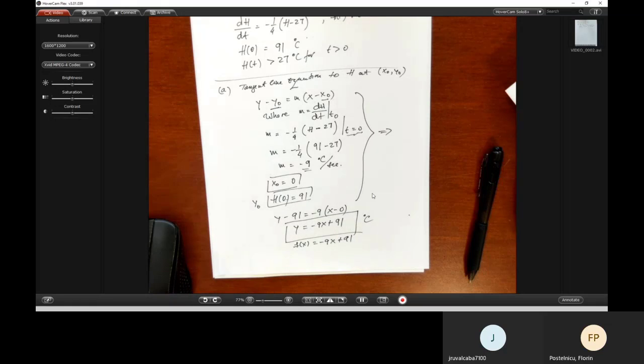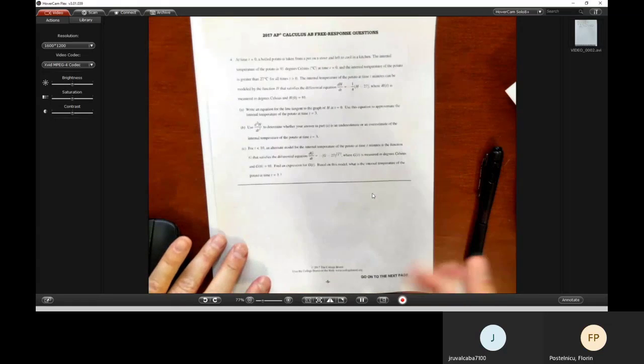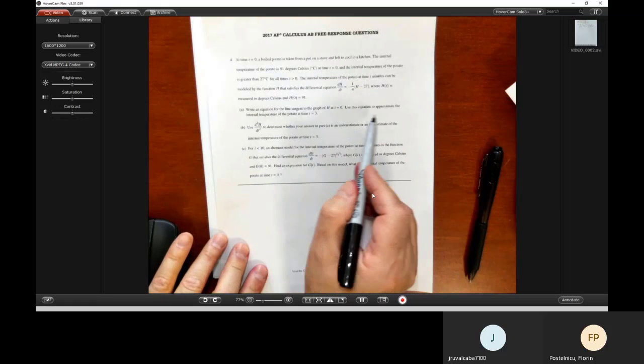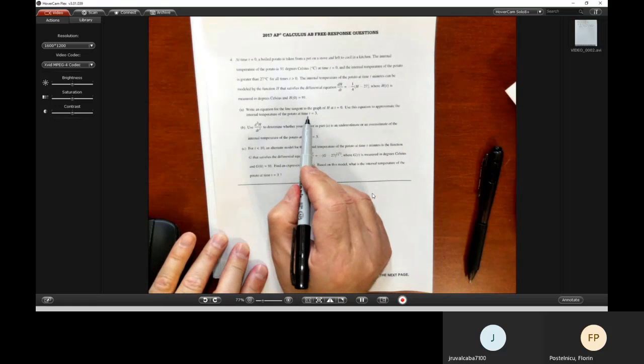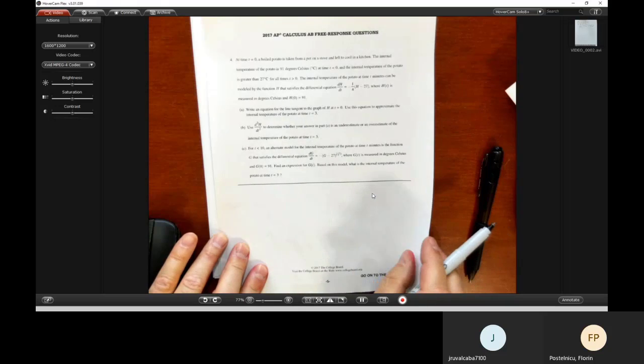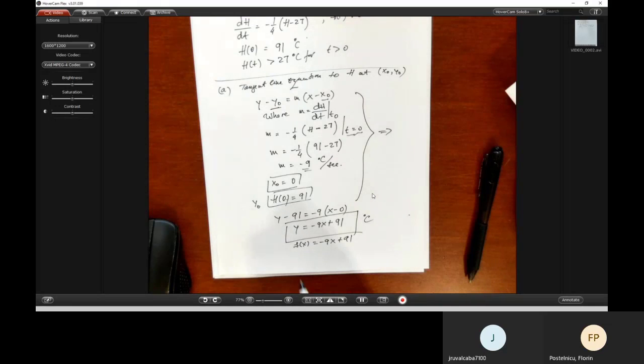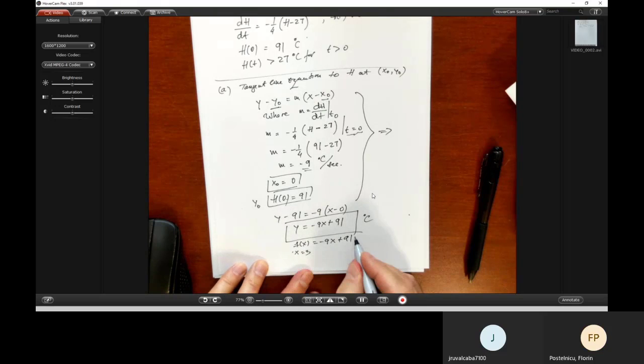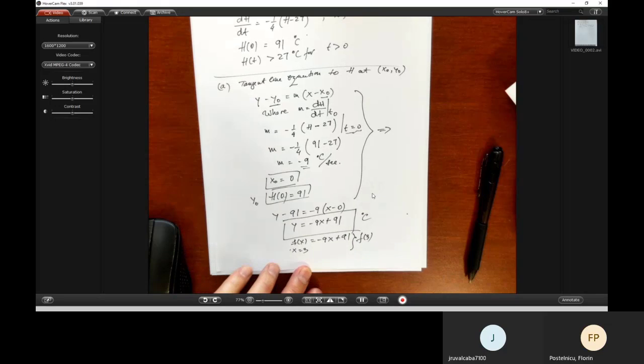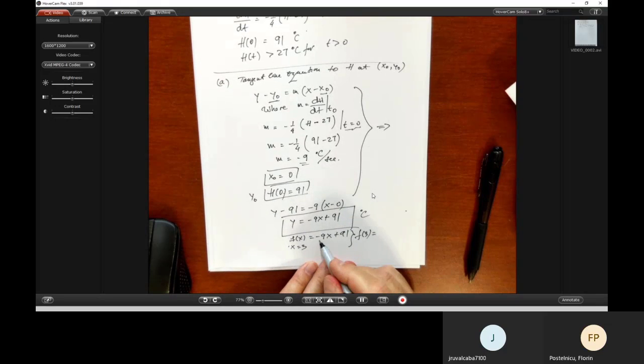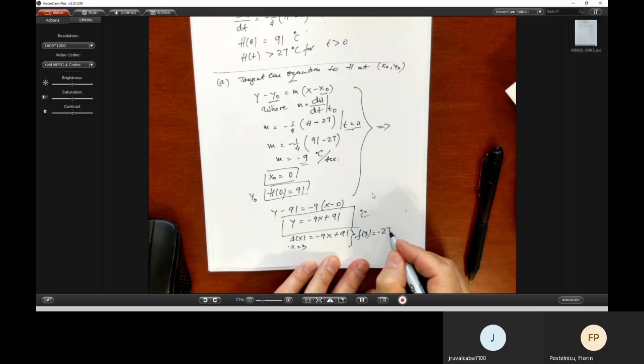So to find out with approximation h of 3, let's write, instead of y, f of x is negative 9x plus 91, and I will evaluate f of 3. I get 56 degrees, and this will be the approximate value of H, internal temperature, at time 3, where 3 is 3 minutes.